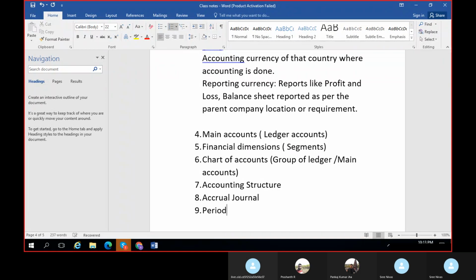And the periodic journal. The periodic journal says that any transactions that are happening on a periodic or recurring basis, we can call it. For example, in any business, there will be the most common expenses like rent, salaries.